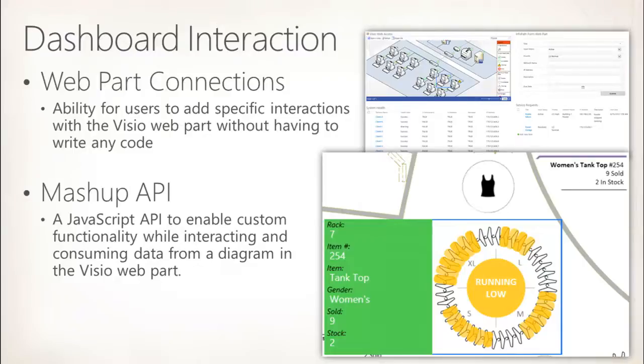We wanted to make sure that we had scenarios for both developers, obviously, and for people that aren't developers, people that don't know the JavaScript object model and such, so that they can get some additional functionality out on the server side. But what we're going to talk about is the Mashup API and how we can use that API to extend the diagram and interact with it and do things that wouldn't be possible without that API.